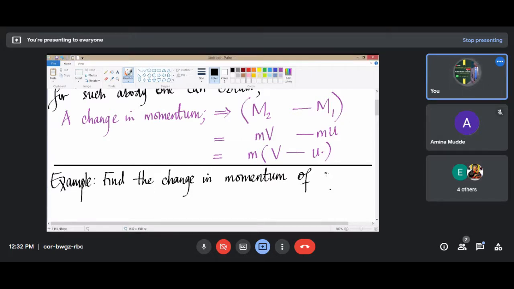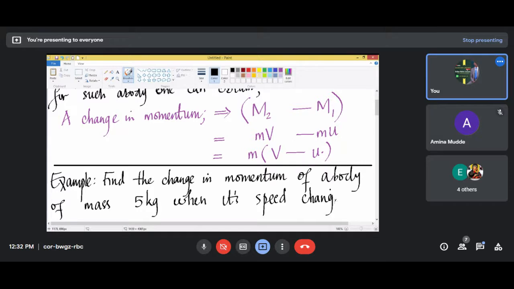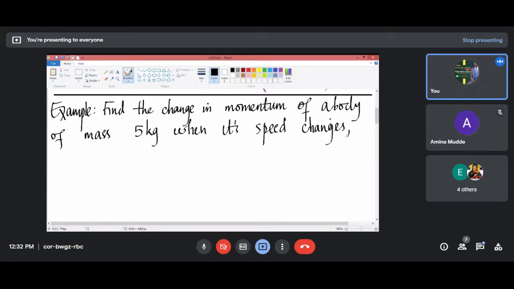Find the change in momentum of a body of mass 5 kilograms when its speed changes, part A, from 7 meters per second to 16 meters per second.